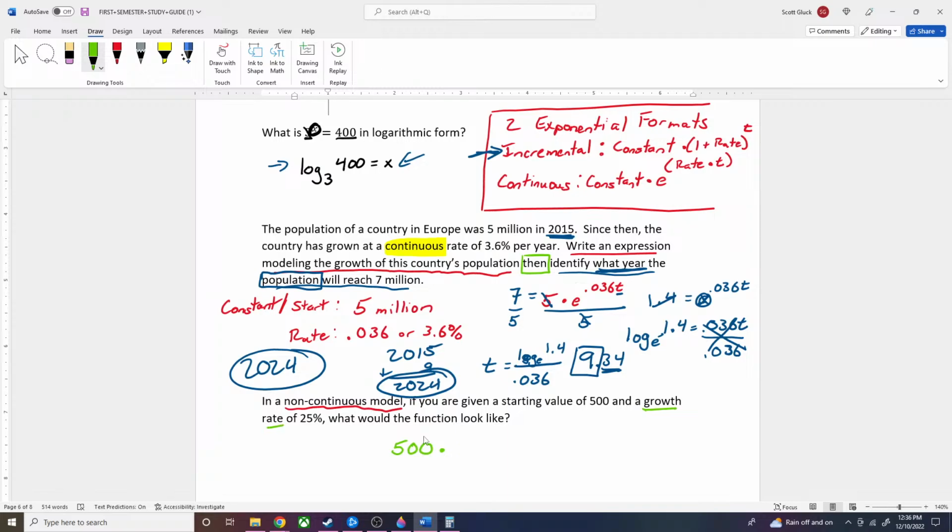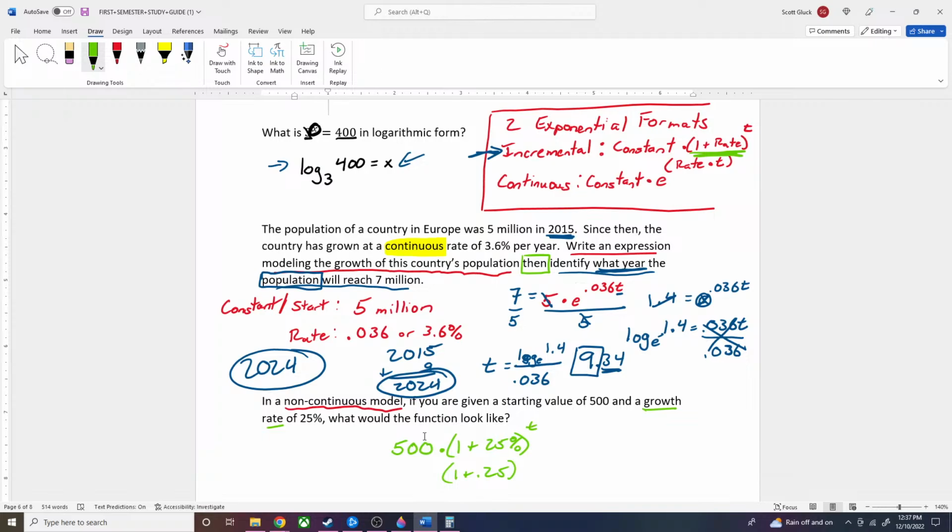times a growth rate of 25%. So notice right here, 1 plus our growth rate. So 1 plus 25%, or if we convert this into a decimal, this is 1 plus 0.25 to the power of t. That's it.